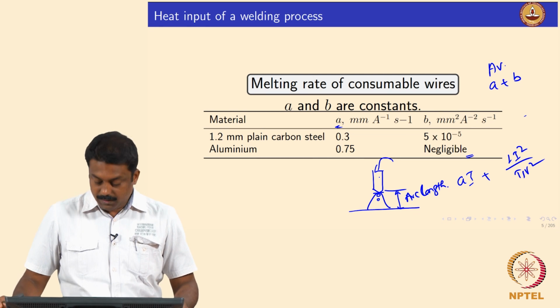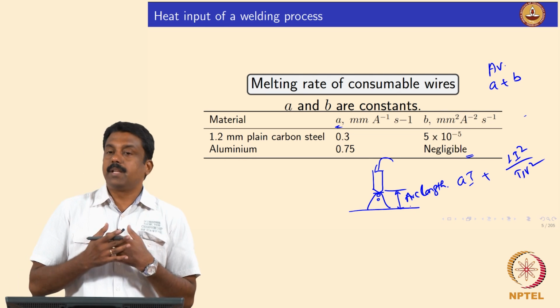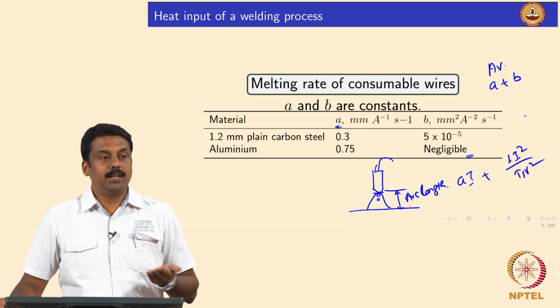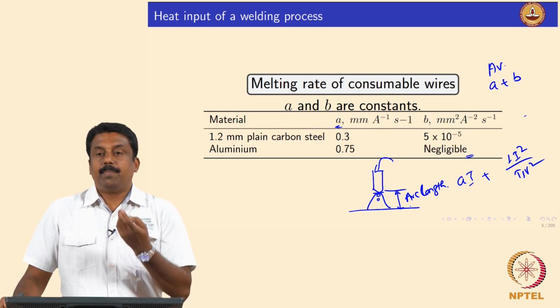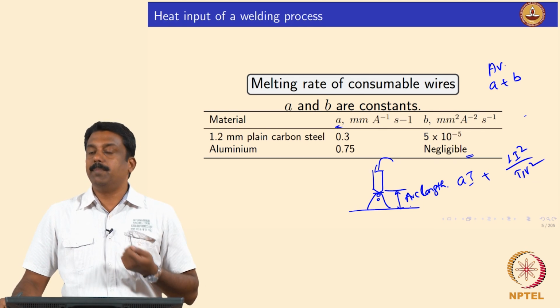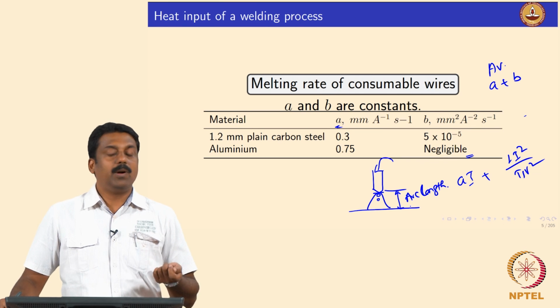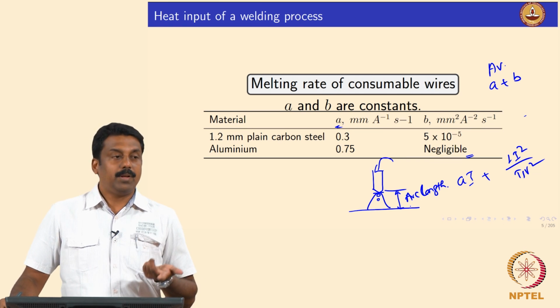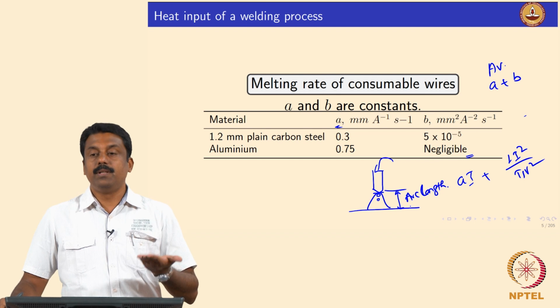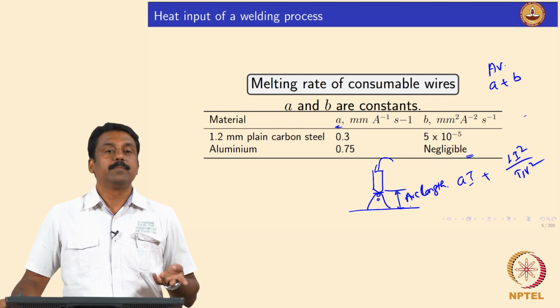Is it not? So, in order to keep the arc length constant, the power source should be capable of calculating the melting rate for a given wire composition in the process. That is where the microprocessor control system in GMAW comes in.